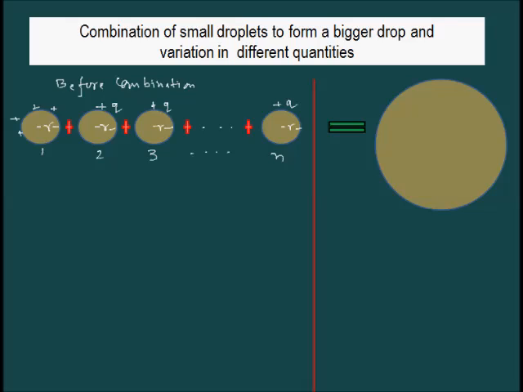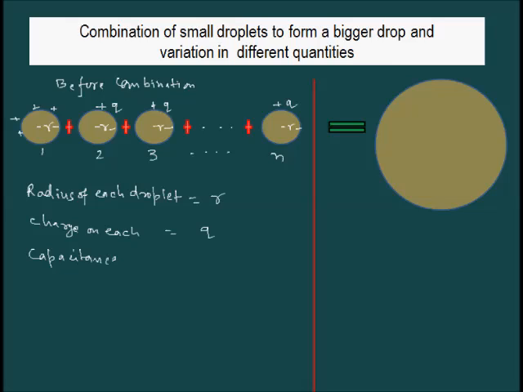So before combination, the radius of each droplet is let r, and the charge on each droplet is let q.